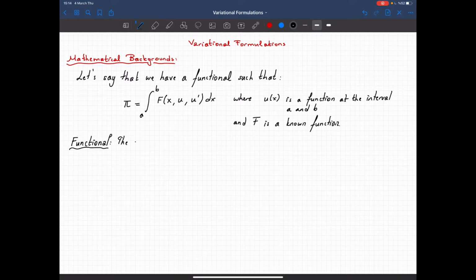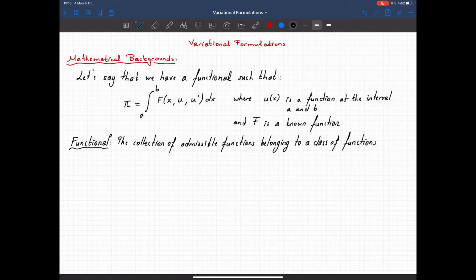It is the collection of admissible functions belonging to a class of functions in function space rather than a region in coordinate space.